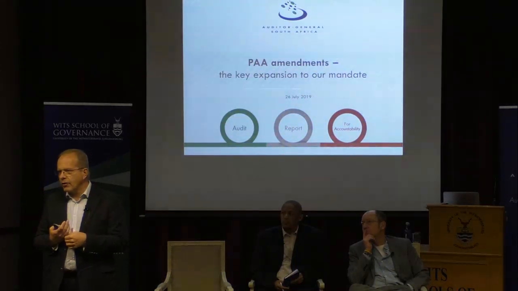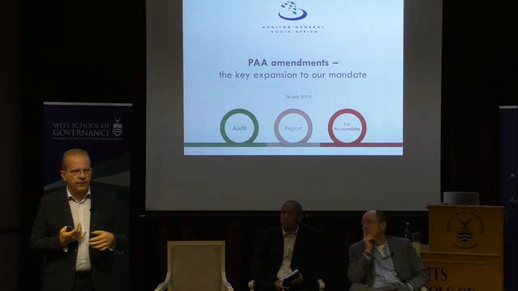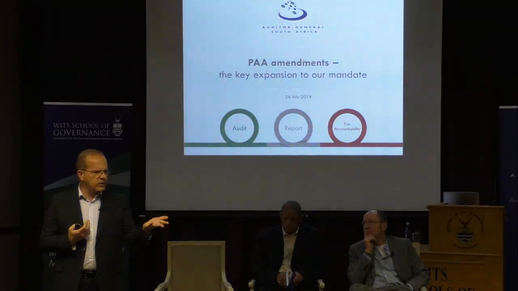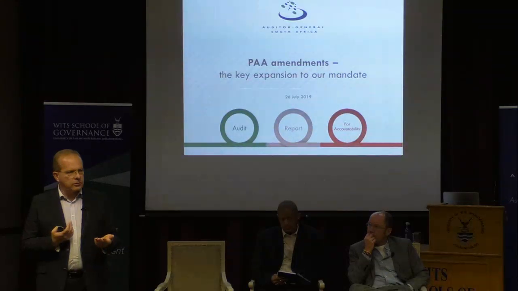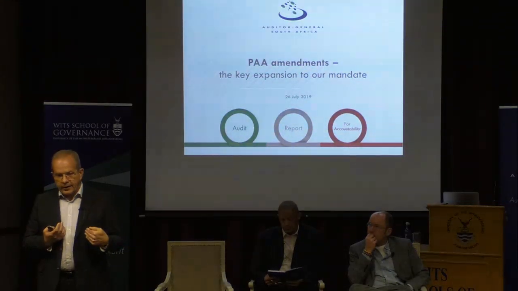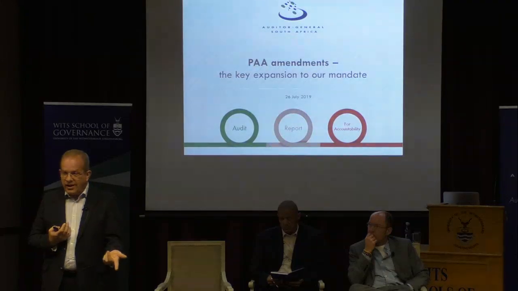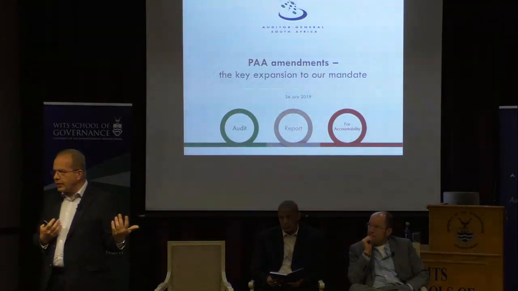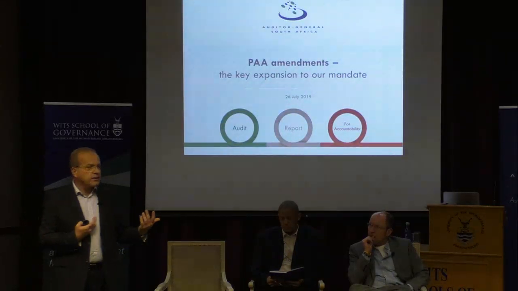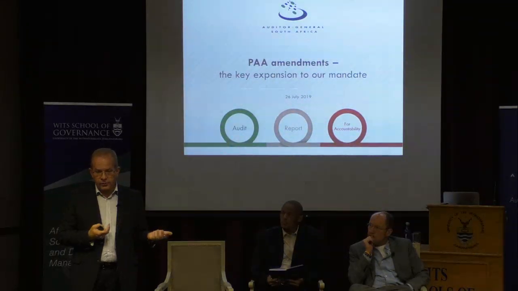Surely you must also do something. That was the start, about 2.5 years ago, of a process to look at the powers in our act. So when you talk about consequences, we now find ourselves not just in the place of transparency and reporting and adding credibility to reporting, but we find ourselves in the space of consequences. And that's what this is about.